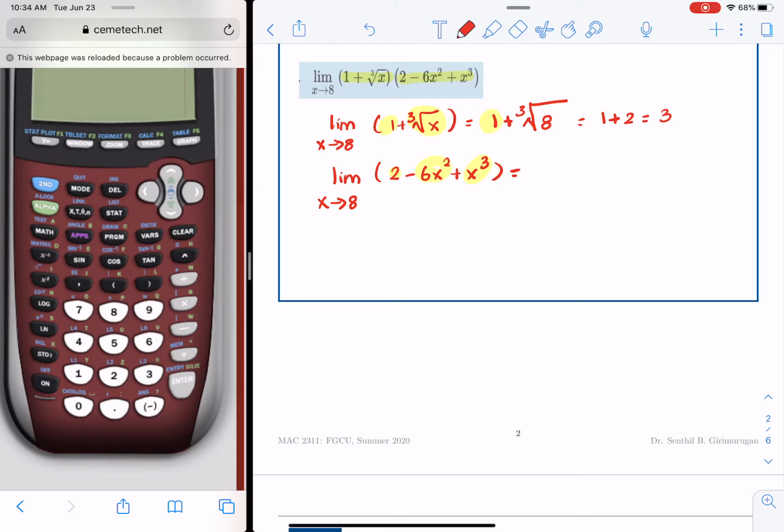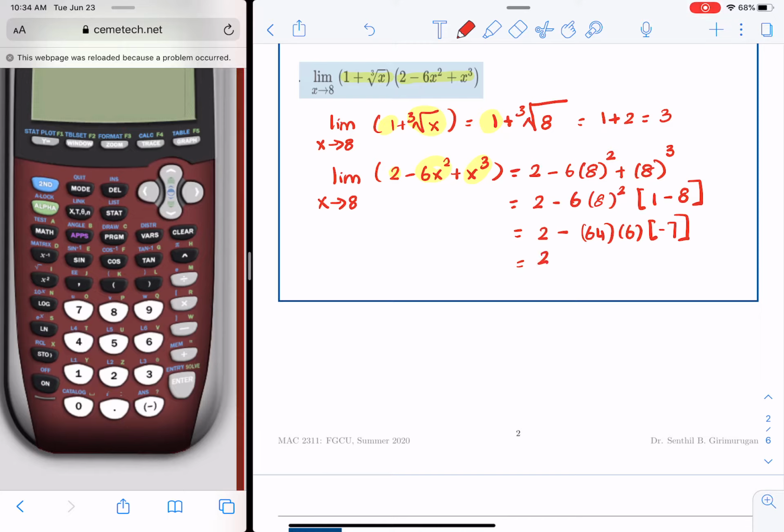So we'll simply have 2 minus 6 times 8 squared plus 8 cubed, which would give us 2 minus 6 times 8 squared, 1 minus 8. So we'll have 2 minus 64 times 6 times -7.